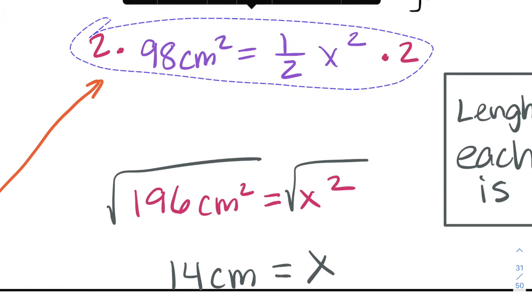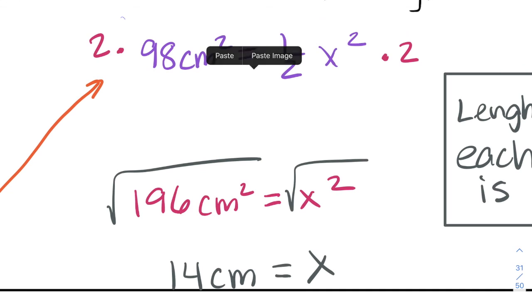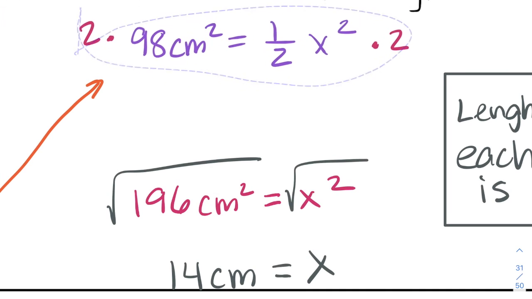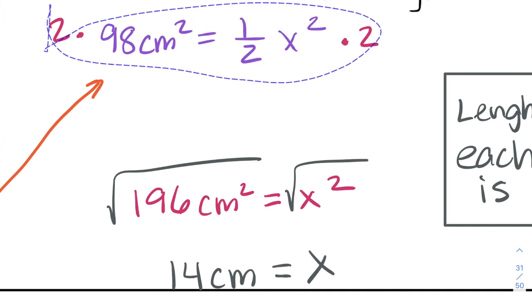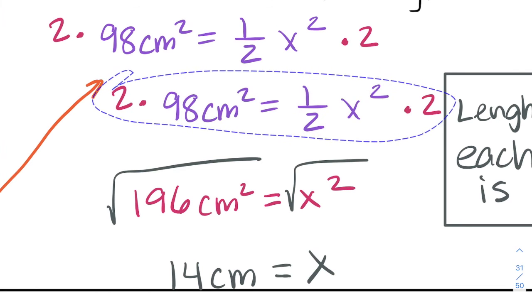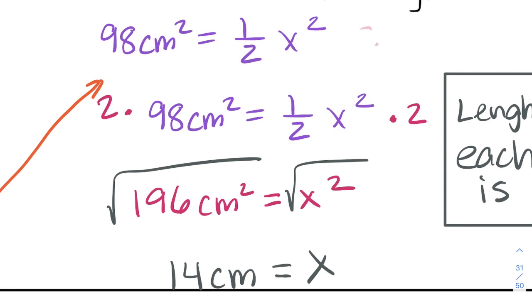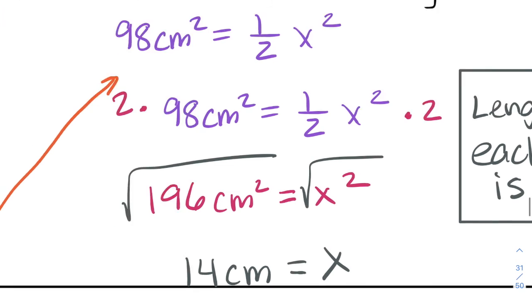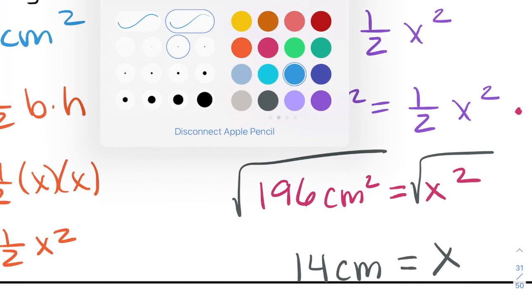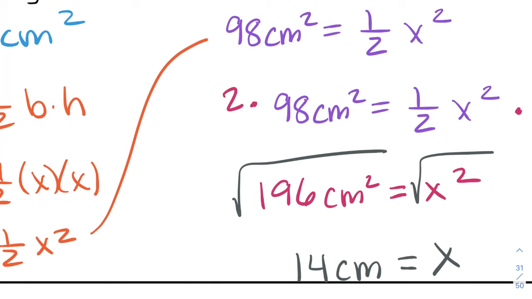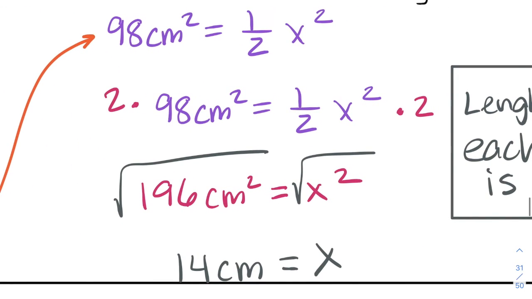It's 98 equals 1/2 x squared. And now to solve that, you're going to multiply both sides by 2.